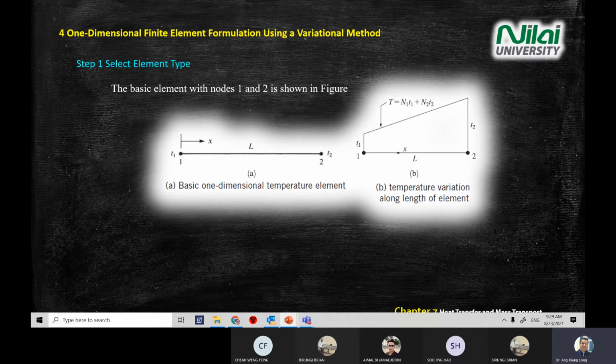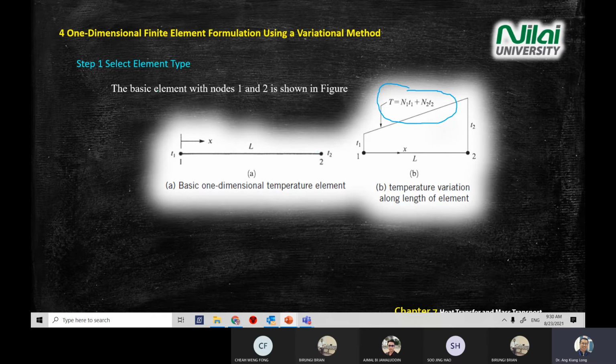The temperature equation is T equal to N1 T1 plus N2 T2, which means you get a linear variation of temperature. Then you can calculate the temperature at 1 and 2.